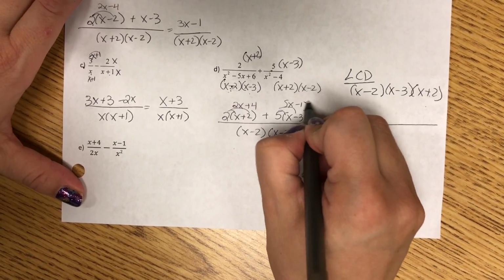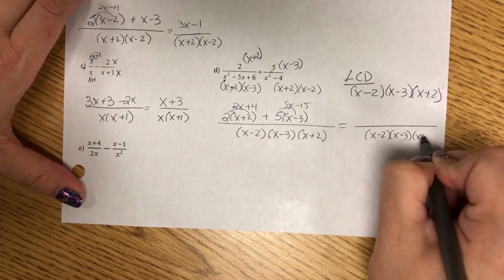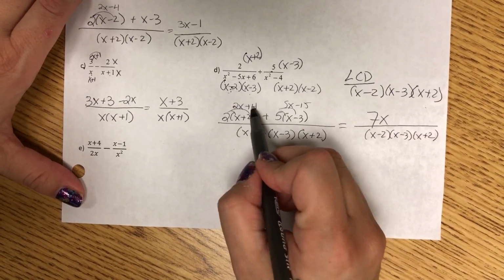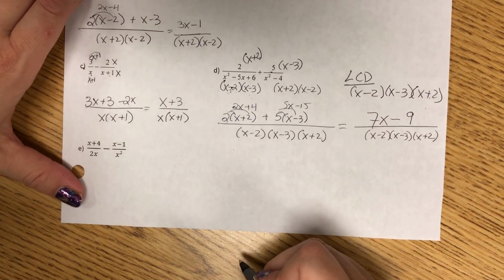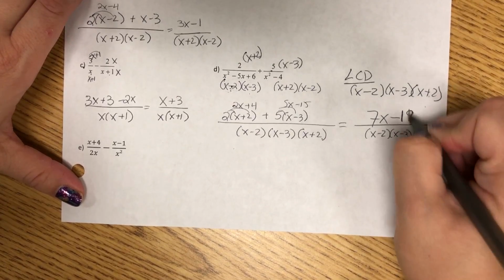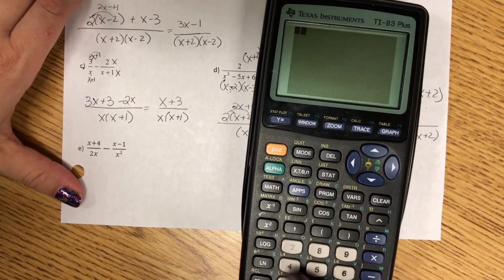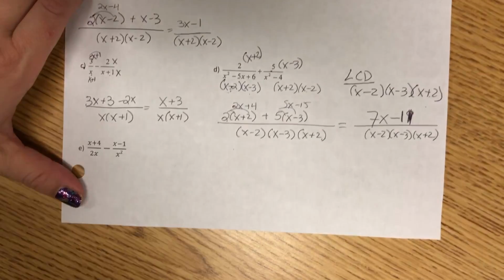That's 5x minus 15. So 2x plus 5x is 7x, and 4 plus -15 is -9. No, it's not. It's -11. Don't be afraid to use your calculator.